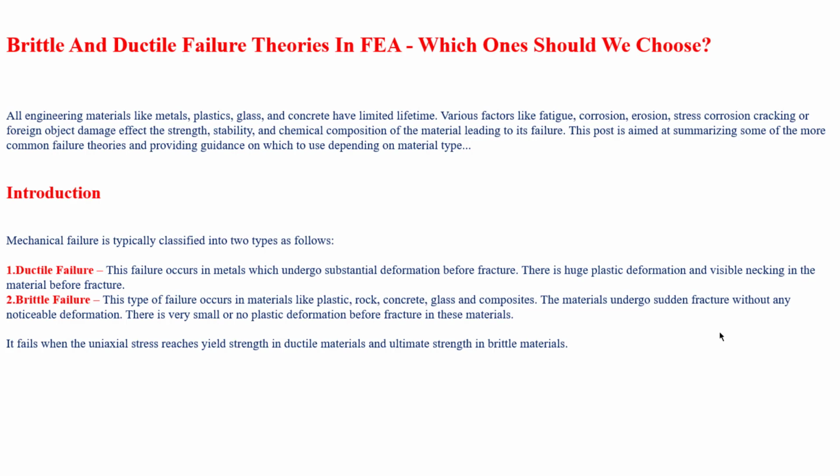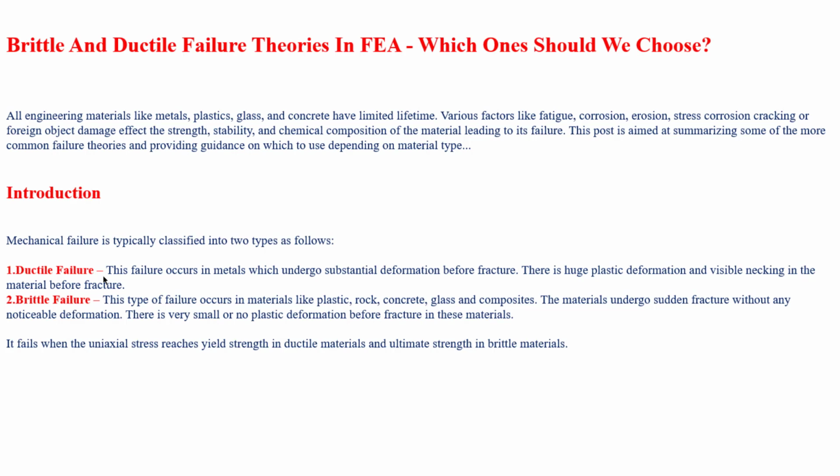So for all these materials, we have different failure criteria. For ductile materials and for brittle materials, we have different failure criteria we need to consider. We'll see these things. Now when it comes to ductile materials, these particular ductile materials will fail when the metals undergo substantial deformation before the fracture.